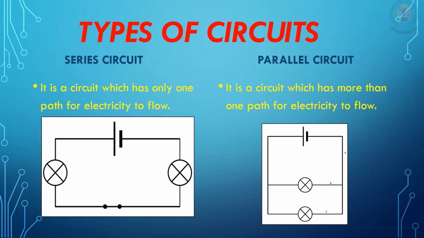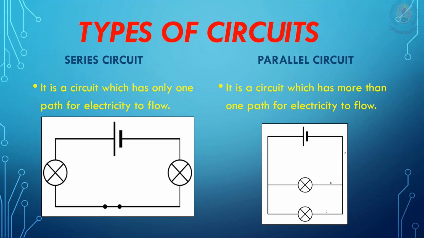Okay, my dear children, there are other types of circuits. One is the series circuit and the other one is the parallel circuit. What is a series circuit? Yes, it is a circuit which has only one path for electricity to flow. Look at the picture very carefully.